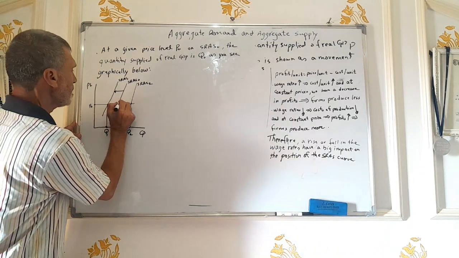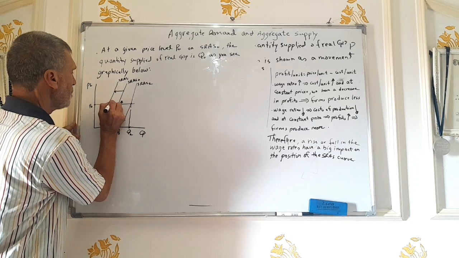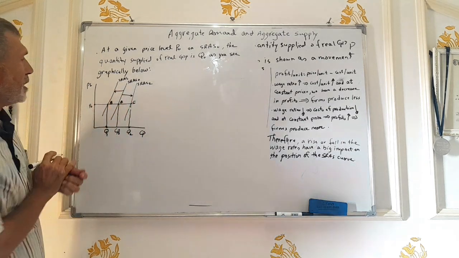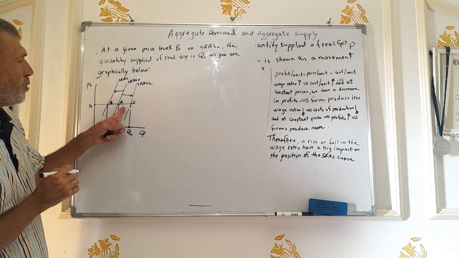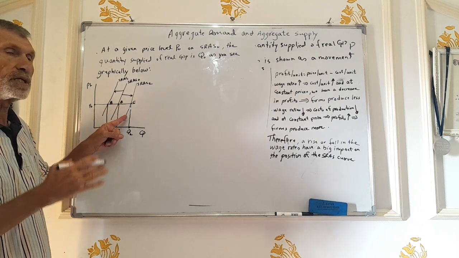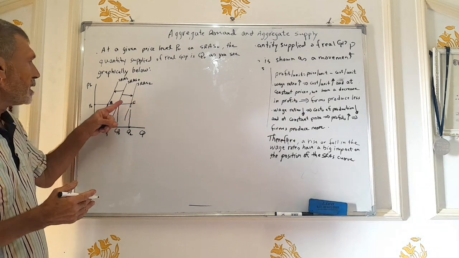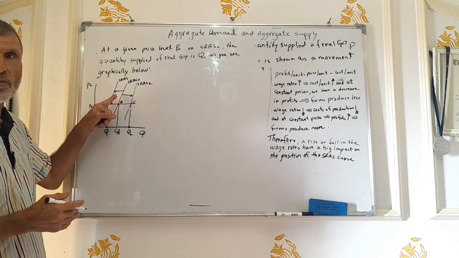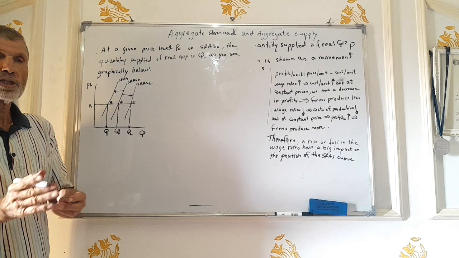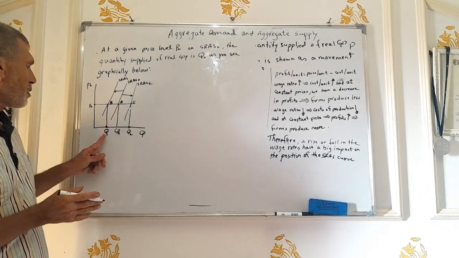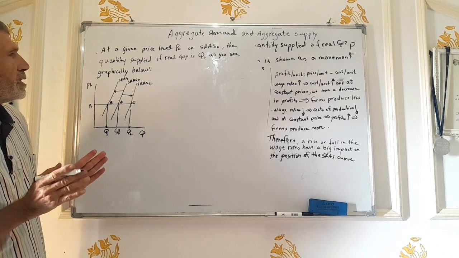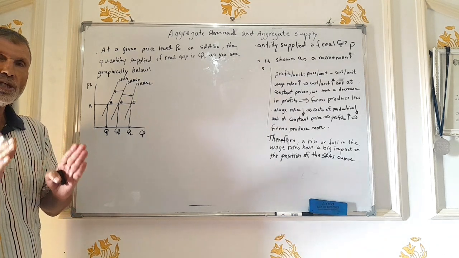As you can see, this is A, this is B, and this is C. A reduction in the wage rate means the short-run aggregate supply will shift to the right, which means more production. And an increase in the wage rate means a decrease in the short-run aggregate supply, shifting to the left, which means lower output. And this is the meaning of this factor, changes in the wage rate.